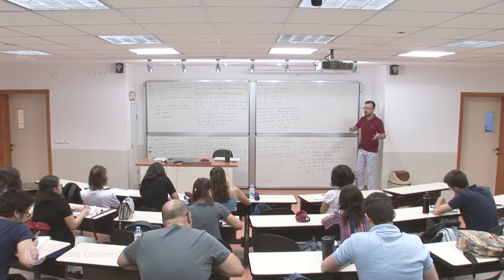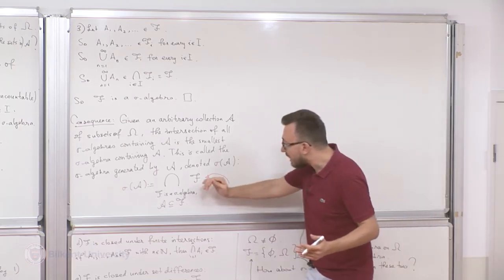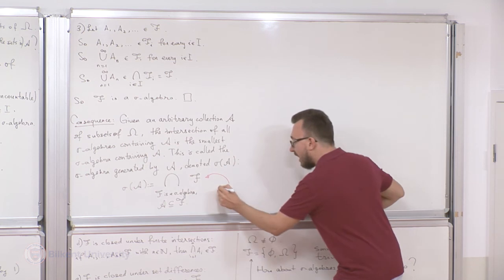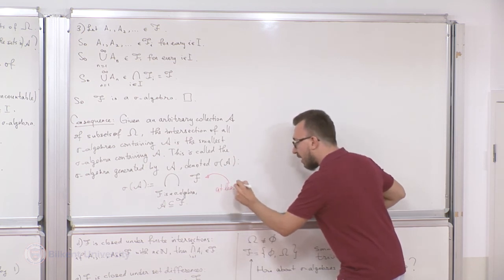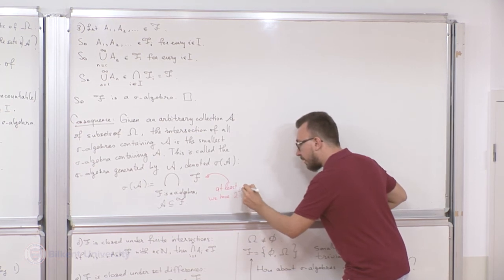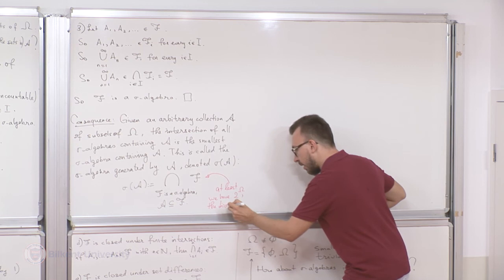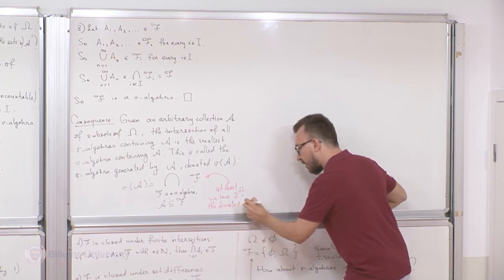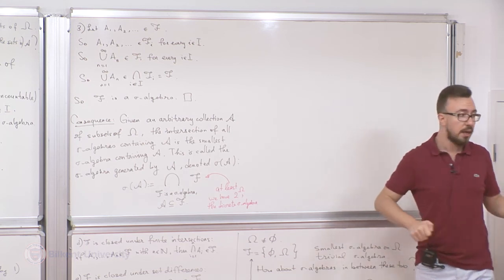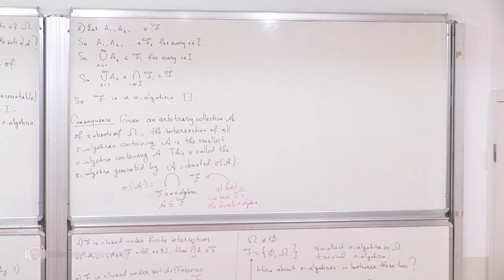The intersection is not empty. There is at least one such sigma algebra. At least we have 2 to the power omega, the discrete sigma algebra, which for sure includes A, because it's the largest sigma algebra that you can have.